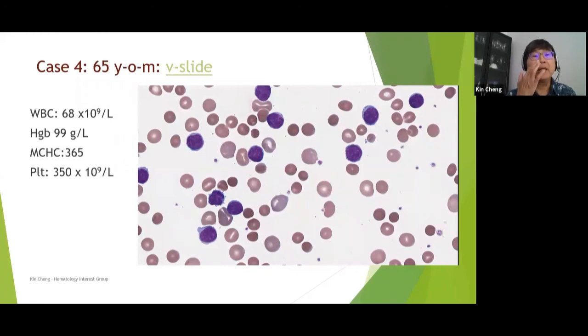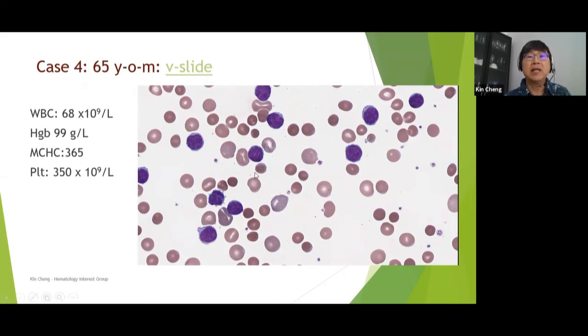This is case 4. It's a 65-year-old male, and the white count is 68 and hemoglobin 99. Again, your SOP should tell you at what level of white cells your hemoglobin may be affected. I do have a virtual slide, but I don't think I have a lot of time to show you, so I'm just going to show you the image of what it looked like.